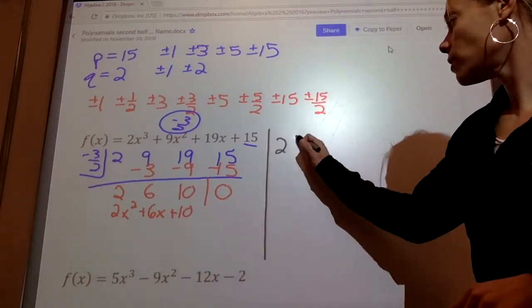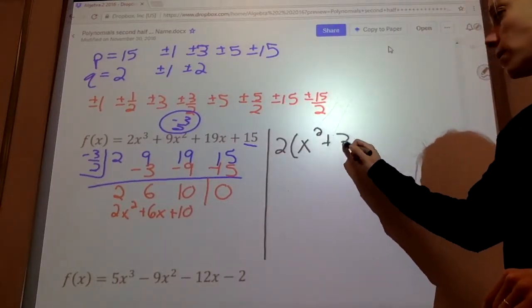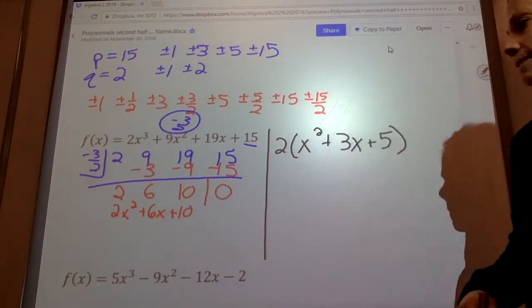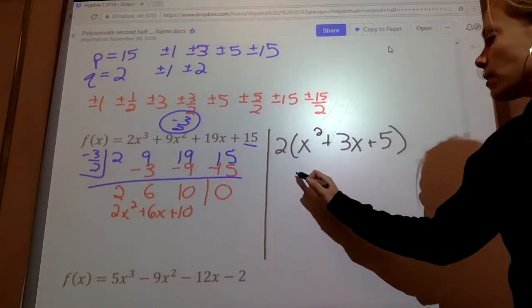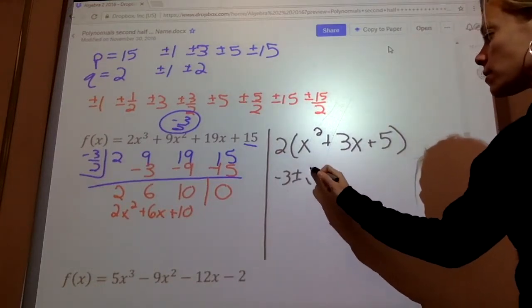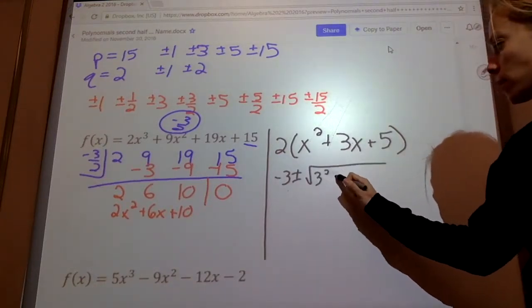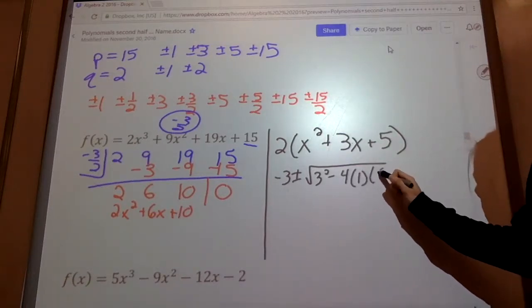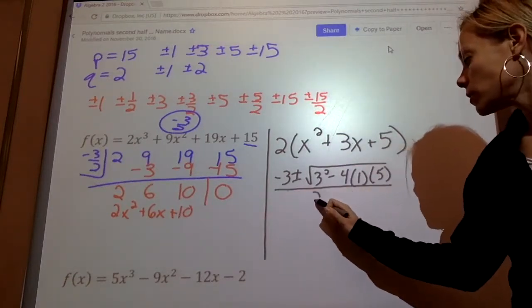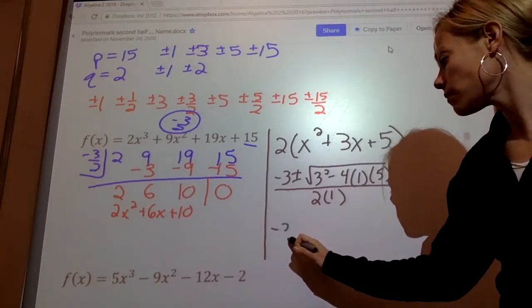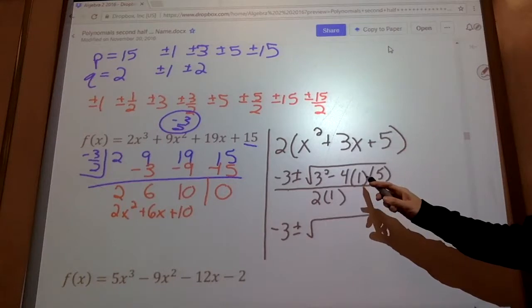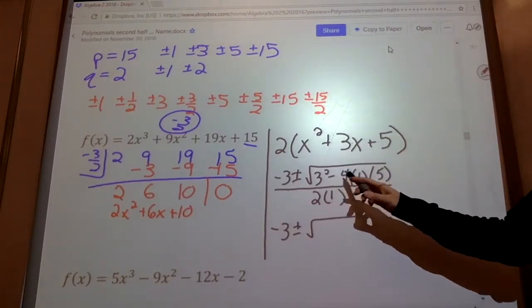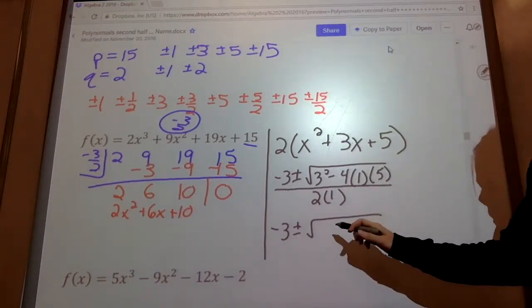So I would factor out a 2 just to make my numbers smaller. Right? Makes it a little bit easier to solve when you have smaller numbers. So -b plus or minus the square root of b squared minus 4 times a times c all over 2 times a, which is -3 plus or minus square root 9 minus 20 is what? 9 minus 20, -11.